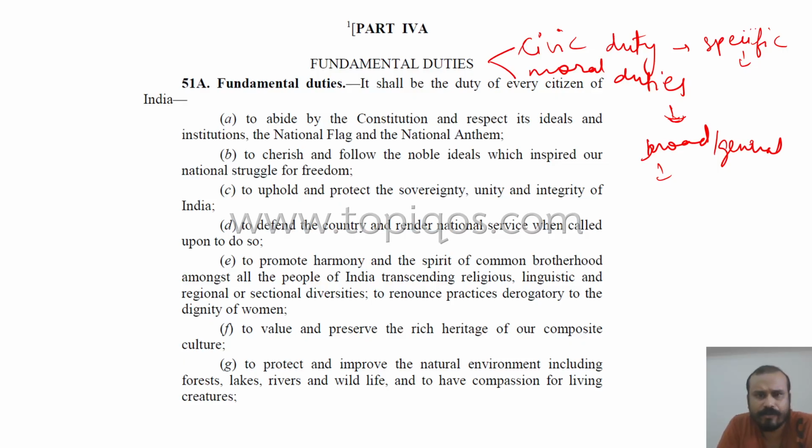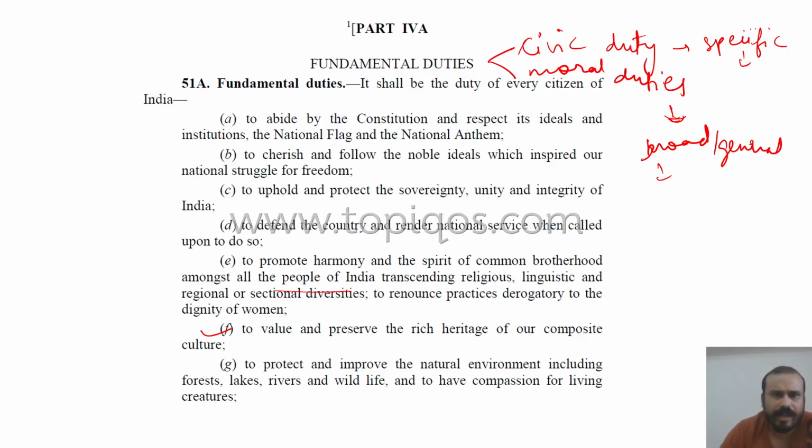But if you say, this is to promote harmony and the spirit of common brotherhood amongst all the people of India, transcending religious, linguistic and regional diversities, to renounce practices derogatory to the dignity of women, to value and preserve the rich heritage of our composite culture, this is a moral definition. How can you make simple laws? Multiple laws have to be made for this. These are broad, and the laws regarding this are a bit difficult to frame.